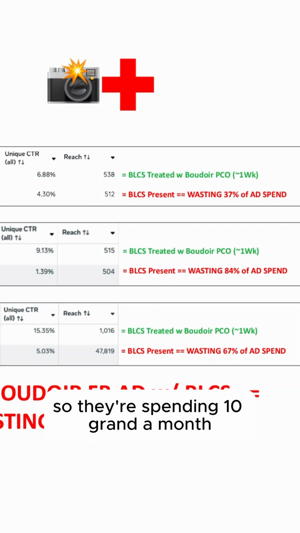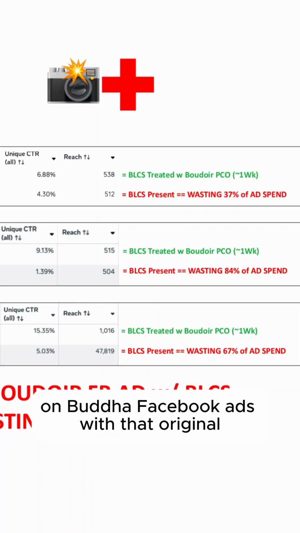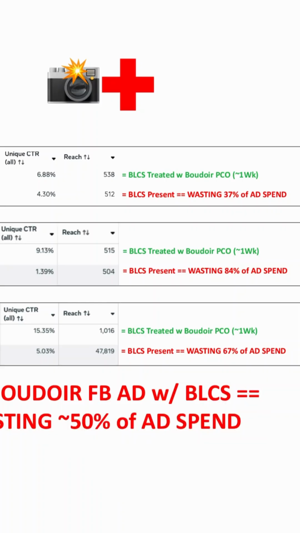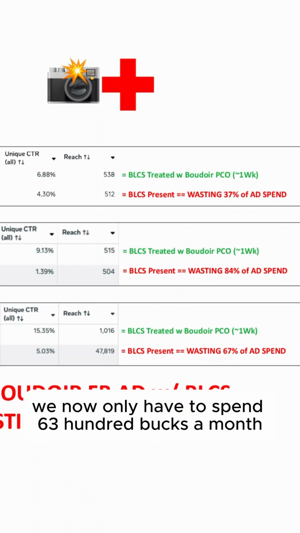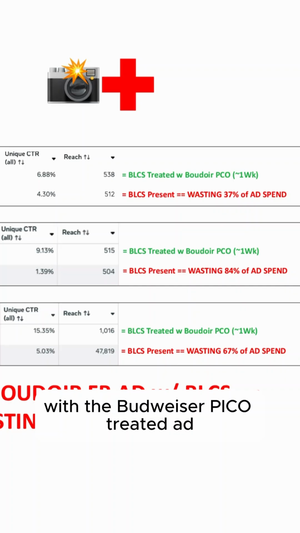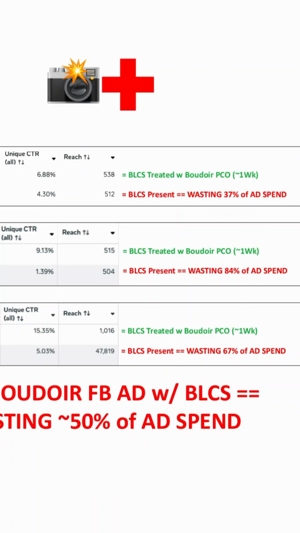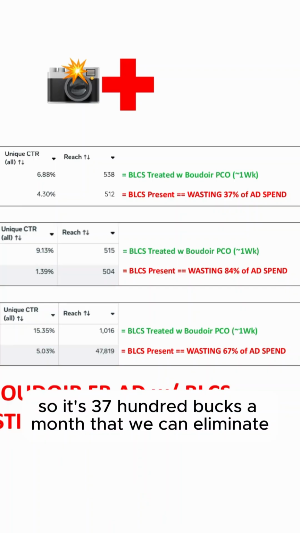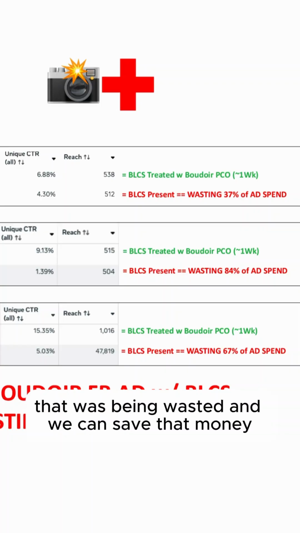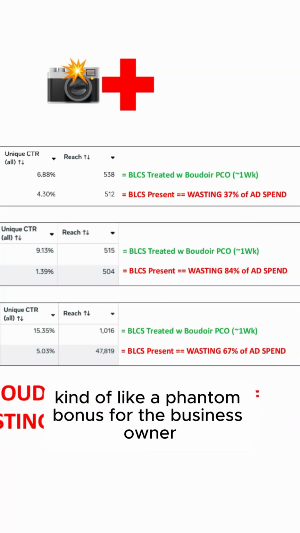So if they're spending 10 grand a month on Boudoir Facebook ads with that original, then we now only have to spend $6,300 a month with the Boudoir Pico treated ad to get our ad into the same number of women's brains. So it's $3,700 a month that we can eliminate that was being wasted, and we can save that money, kind of like a phantom bonus for the business owner.